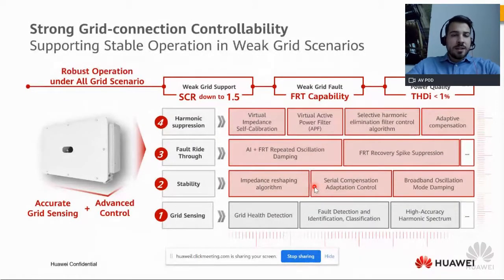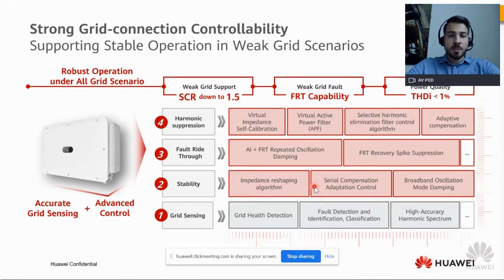Because in the last years we have seen that the grid operators were not keen on implementing decarbonized power like wind and like solar, but especially solar because it doesn't have that spinning reserve. So by adding these functions into the inverter, it has to stay online in case there is some fault in the system.